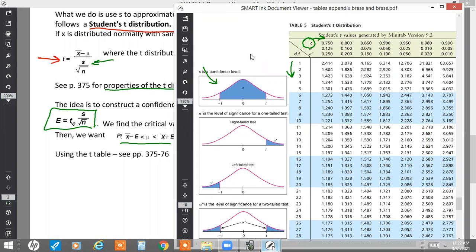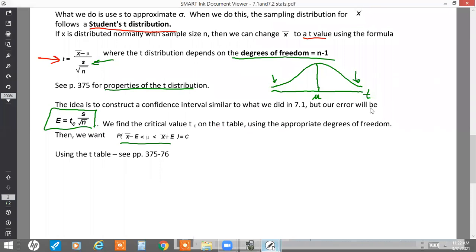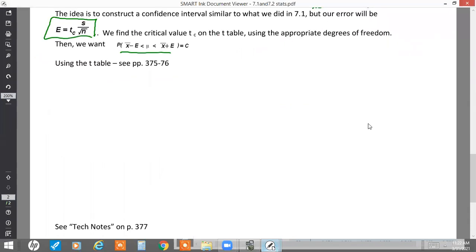So let's take a look at a problem as an example. I'll put it in this space right here. So 7.2.